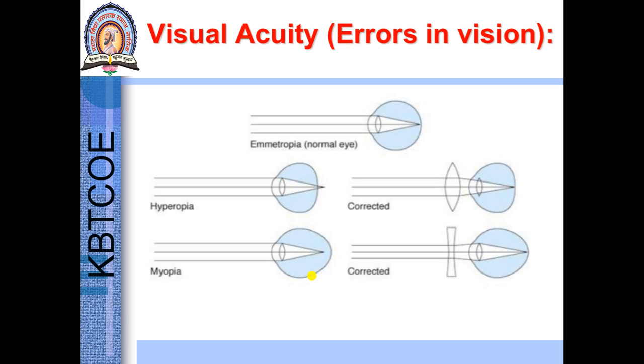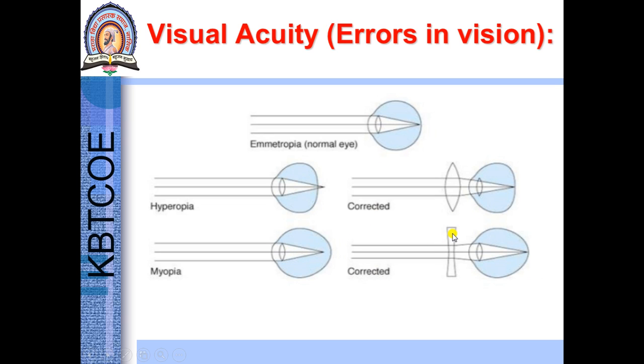If he is facing a problem of myopia, it indicates that the structure of the eyeball has changed in such a way, or due to some disease or some abnormalities, the light rays are falling in front of the retina. Since the light is not falling on the retina, the optic nerves cannot carry the image.